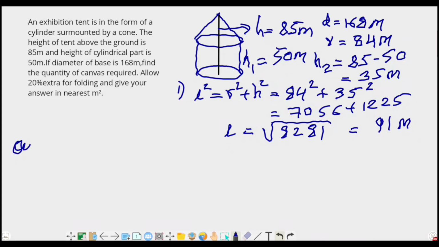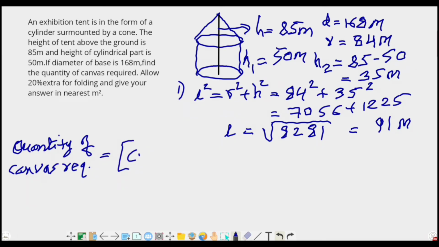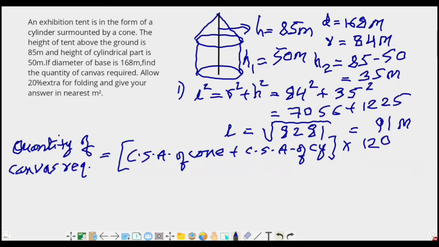So the quantity of canvas required will be the CSA of the cone plus the CSA of the cylinder. 20% extra means you are taking 120%, so 120 divided by 100, which when reduced is 6 by 5.